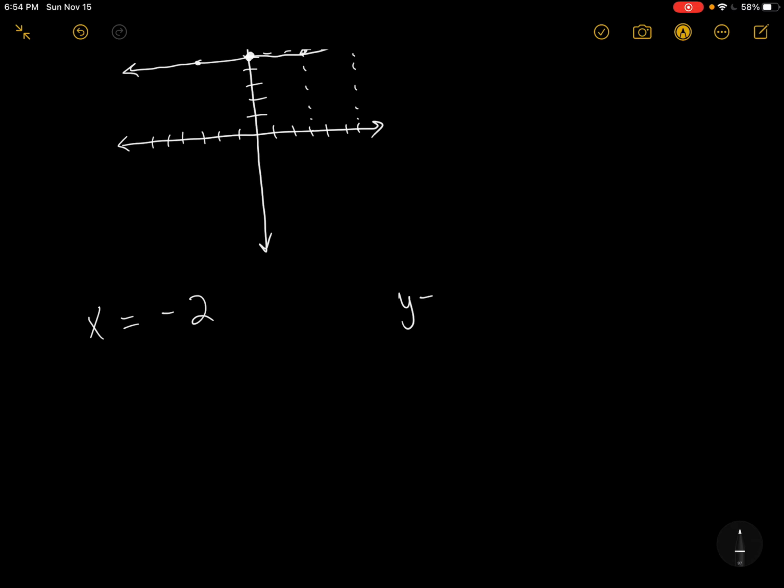Okay, so if we're thinking y equals mx plus b, essentially, I'm going to try and rewrite this in terms of x.